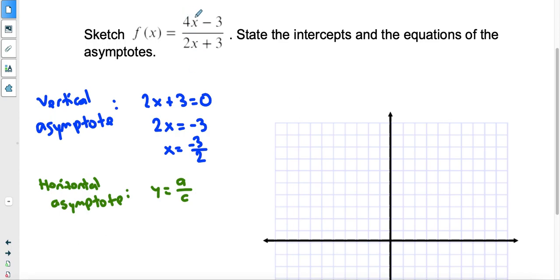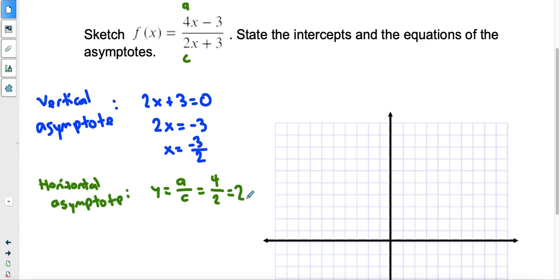Here, a is the number in front of our x in the numerator, which is 4. So a is equal to 4 here. And c is the value in front of x in the denominator, which in this case is 2. 4 divided by 2 gives you 2. So the equation of my horizontal asymptote is y is equal to 2.